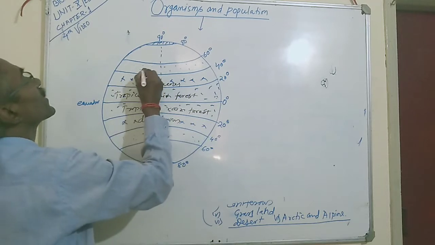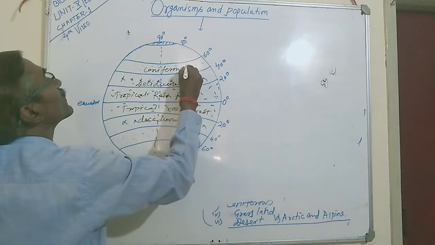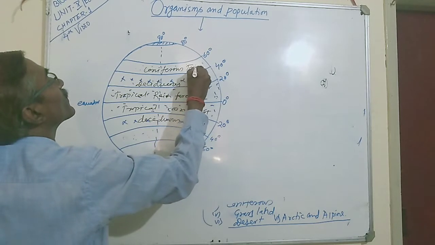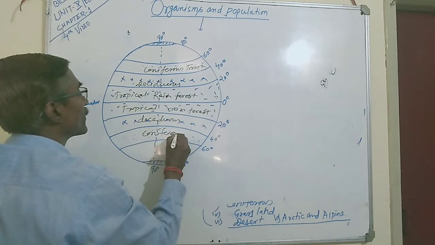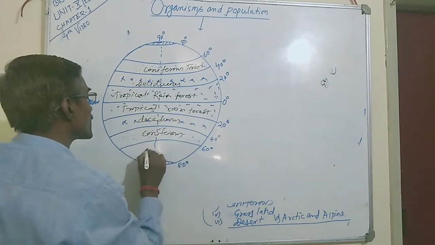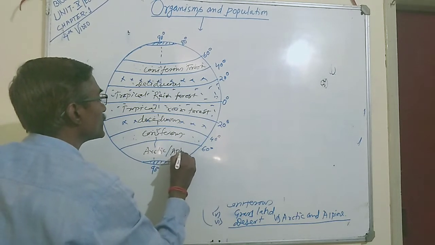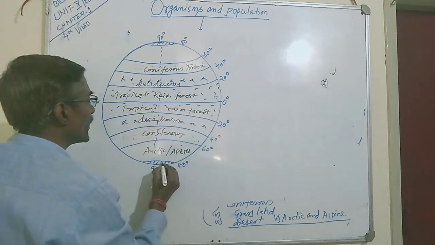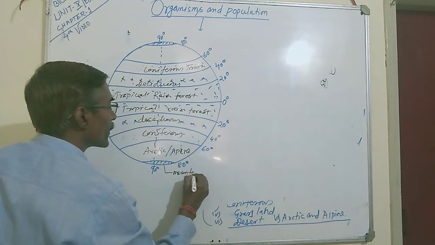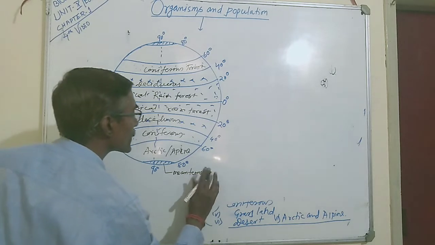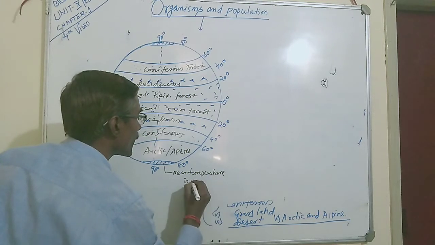Deciduous forest, then coniferous forest. This is Arctic, alpine. The mean temperature is low, mean temperature is very low.